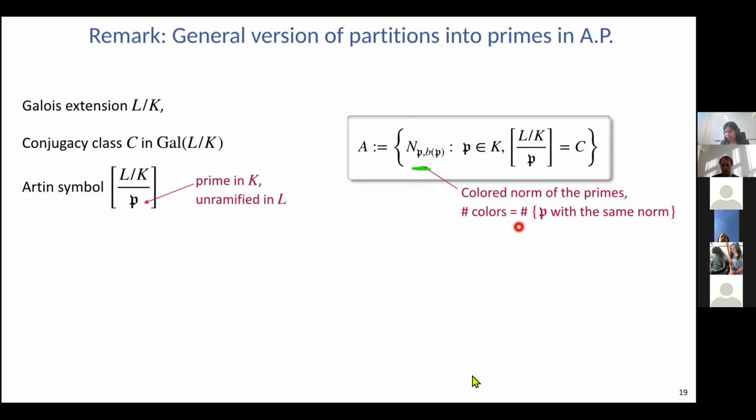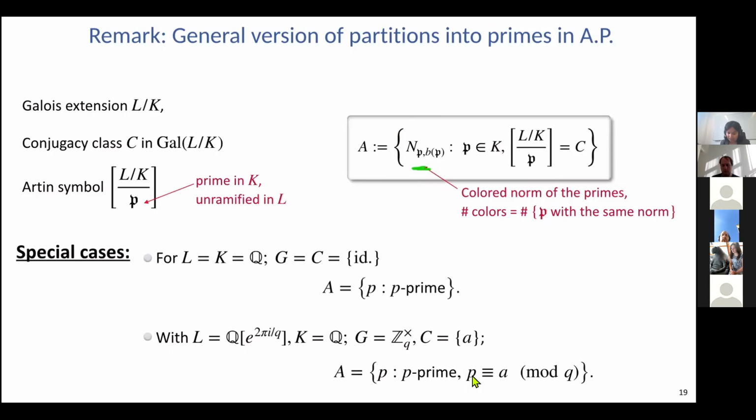It will depend on the prime. With this setting, if you take the special case when L, K, and everything is just the base field Q, then your set A will be just the set of primes, which we have already talked about. The recently discussed case was primes in arithmetic progression.